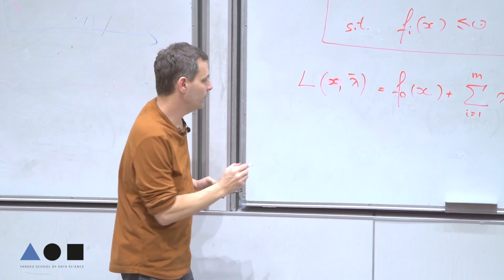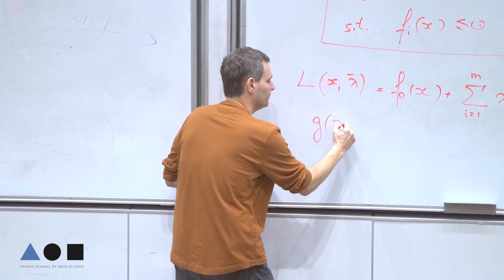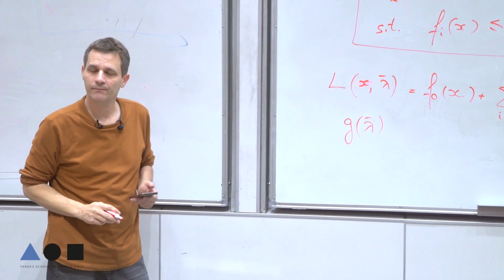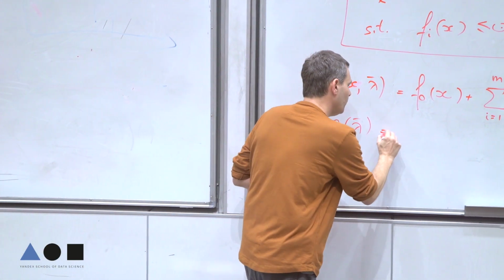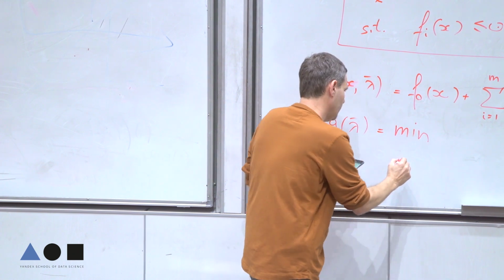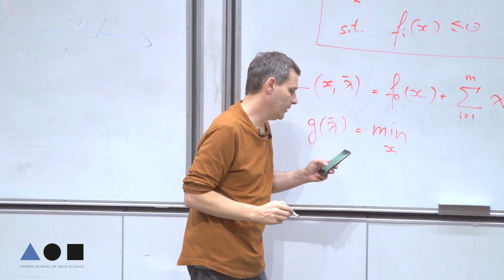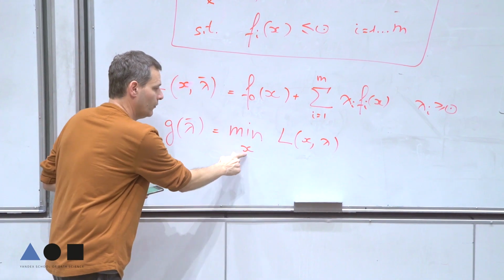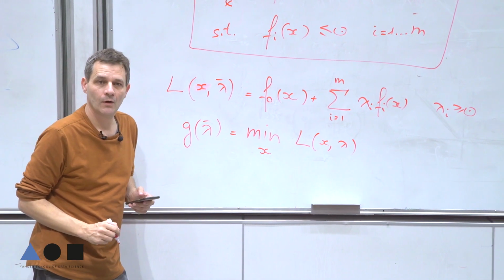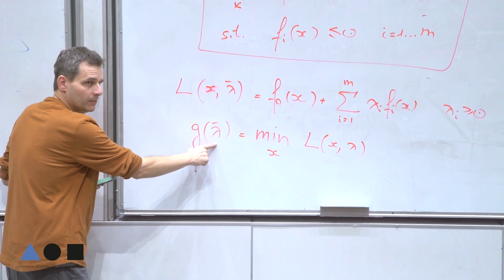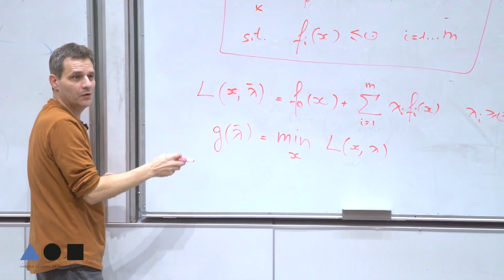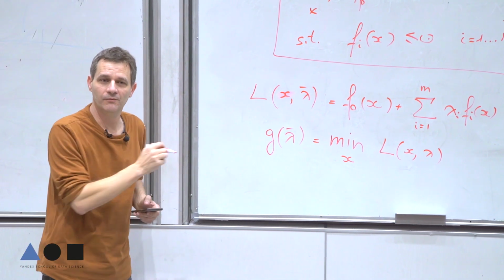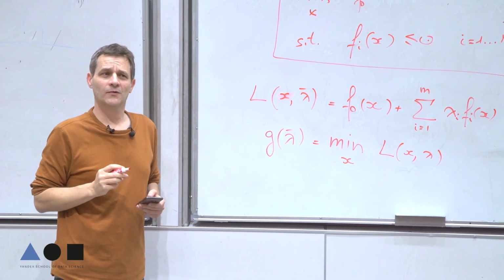And now we also define the dual function, which is a function over these dual variables. The dual function is defined in the following way: it's the minimum of the Lagrangian over x. For every value of lambda, you minimize over x, and that's the value you assign to g of lambda. You cannot do that in practice, right?